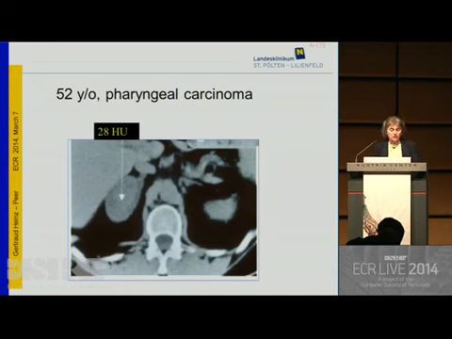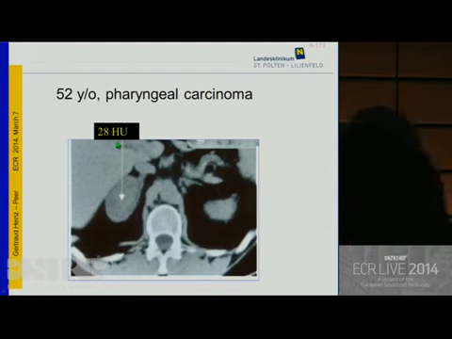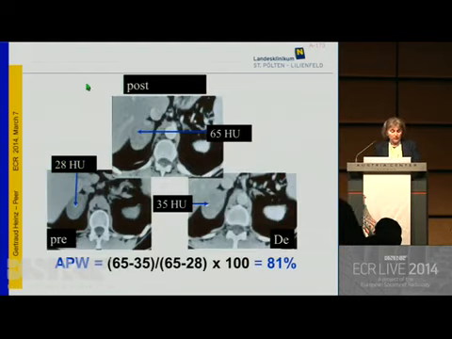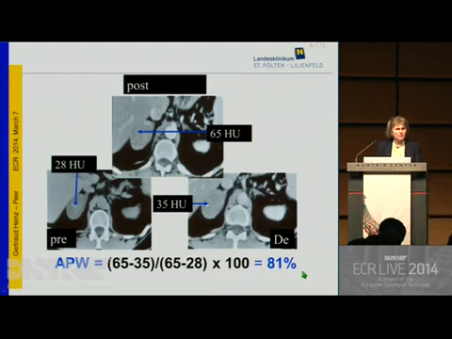I'd like to show you an example. This was a patient diagnosed with pharyngeal carcinoma, presenting with a large right adrenal lesion, 28 Hounsfield units on unenhanced CT, clearly not indicating a benign lesion. Well, we performed the contrast-enhanced dynamic studies and calculated the absolute washout, and the absolute washout proved to be 81%.